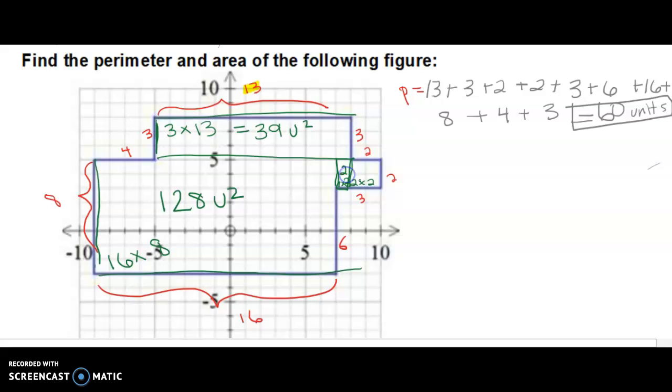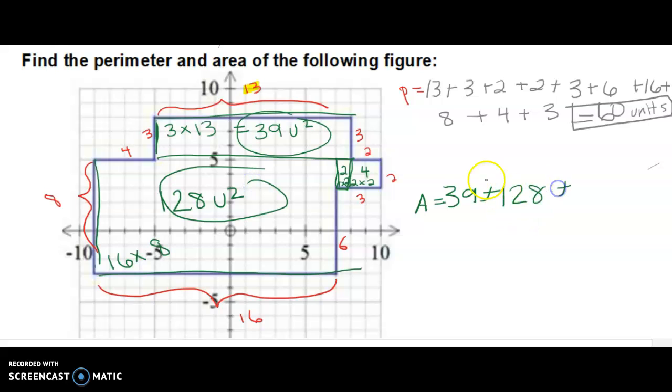So 1 by 2 is 2, 2 by 2 is 4. Okay, so the area then would be the 39 plus 128 plus 2 plus 4. And if I put that in my calculator, I get 173. So the area is 173 units squared.